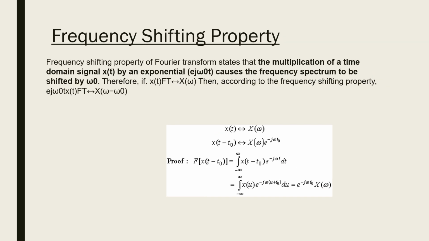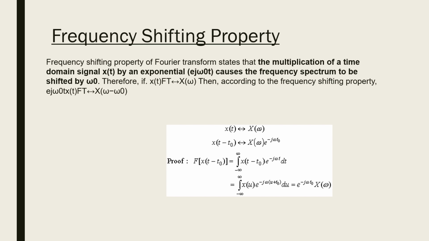The next property is frequency shifting property. Frequency shifting property of a Fourier transform states that the multiplication of a time domain signal x of t by an exponential, that is e power j omega naught t, causes the frequency spectrum to be shifted by omega naught.